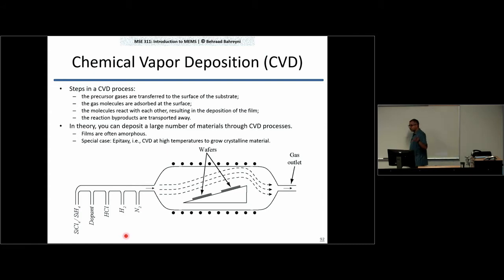So there is a flavor of CVD that is done at high temperatures, and you raise the temperature inside the chamber so high that the chemical products, let's say the film that you want, those molecules have enough time to go and find the right place in the crystal and settle at the right locations. But in general, your films are amorphous films.